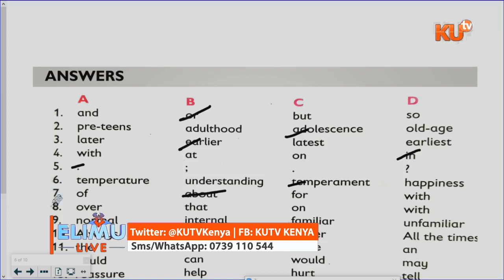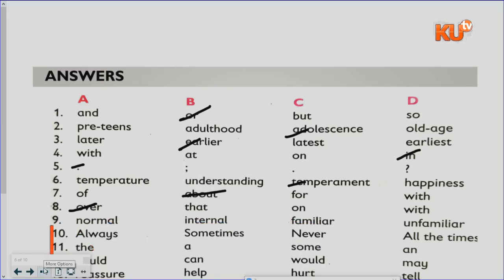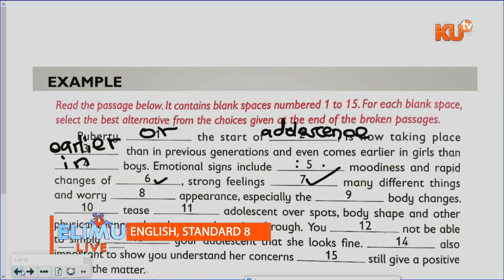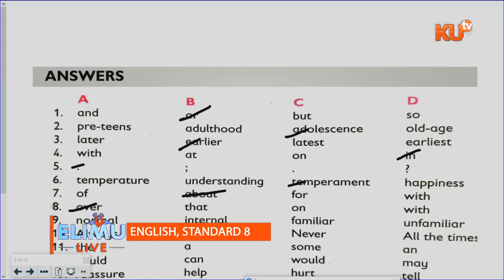Worry, we say worry over appearance. 9, the question is asking, especially the dash body changes. Especially the normal body changes, the internal body changes, the familiar body changes, the unfamiliar body changes. It is the answer there.